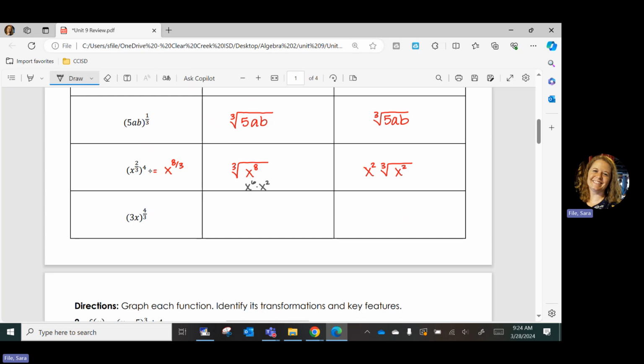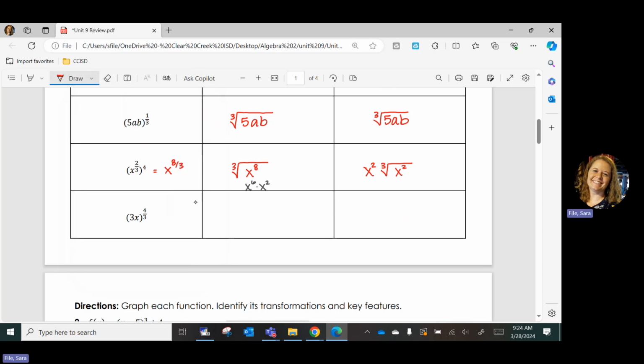Remember, a cube root is like doing a 1/3, you're dividing the power by 3. So 6 divided by 3 is the x squared. But then this 2 divided by 3, that doesn't work. 3 doesn't go into 2 at all, so that's why that x squared had to stay inside. I don't know if that helps some of y'all understand it a little more.